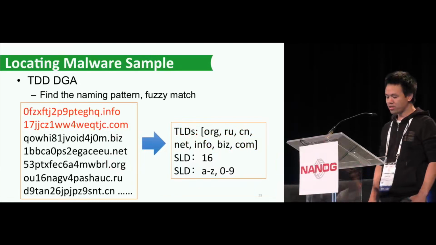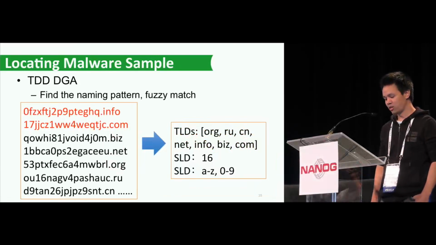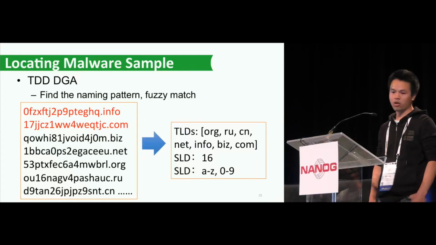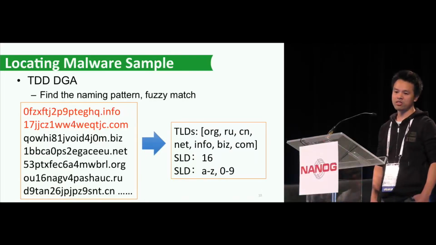Look at the domains in this cluster. We can extract some features. They have 7 top-level domains: org, ru, cn, net, and so on. And the SLD length is always 16.